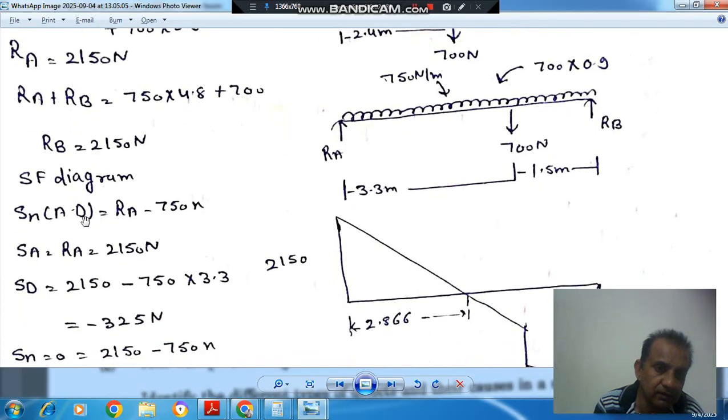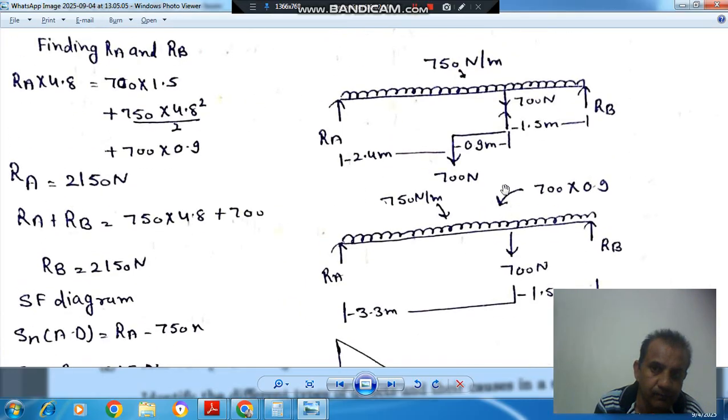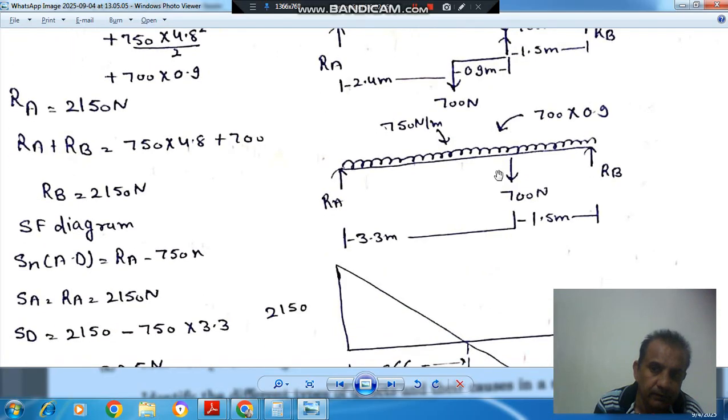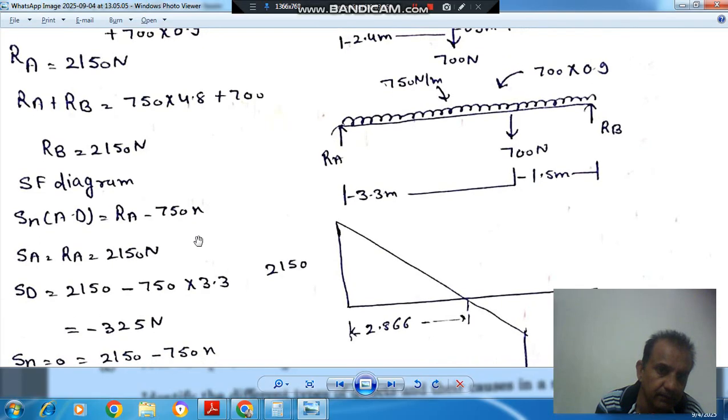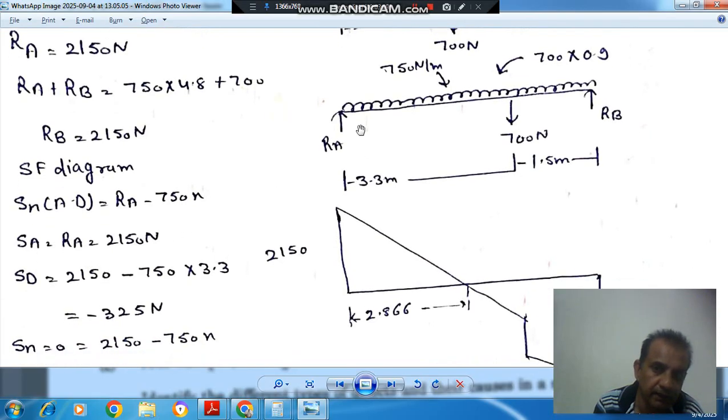Now we will draw the shear force diagram. If we take X between A and D, the shear force will be RA minus the UDL, 750 X. If we take X equal to 0, then it will be RA, which is 2150 Newton.